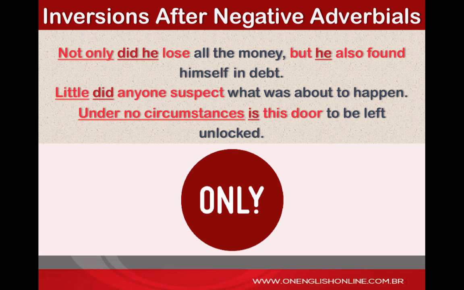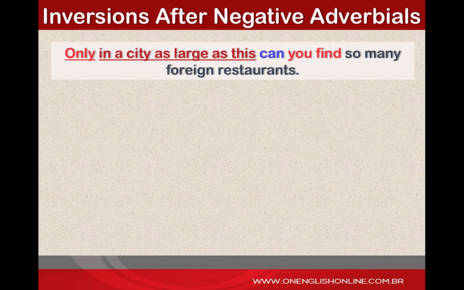Only is only a negative adverbial when combined with another time word such as only after, only when, only later, only then. Observe these examples. In this example, you will combine only with an adverbial phrase which describes place.